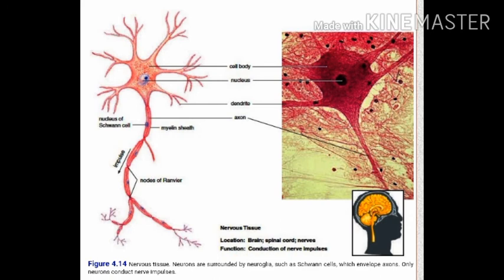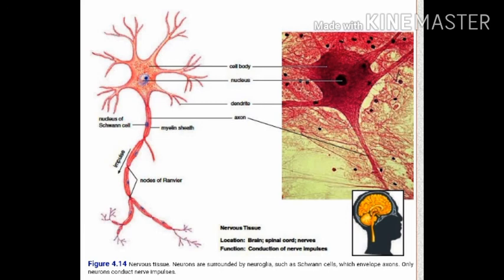The last type of tissue found in animals is nervous tissue. It is made up of two types of cells: nerve cells and the supporting cells. The nerve cells are called neurons and the supporting cells are neuroglial cells. This nervous tissue is present in the brain, spinal cord, and all the neurons that originate from the brain and the spinal cord.